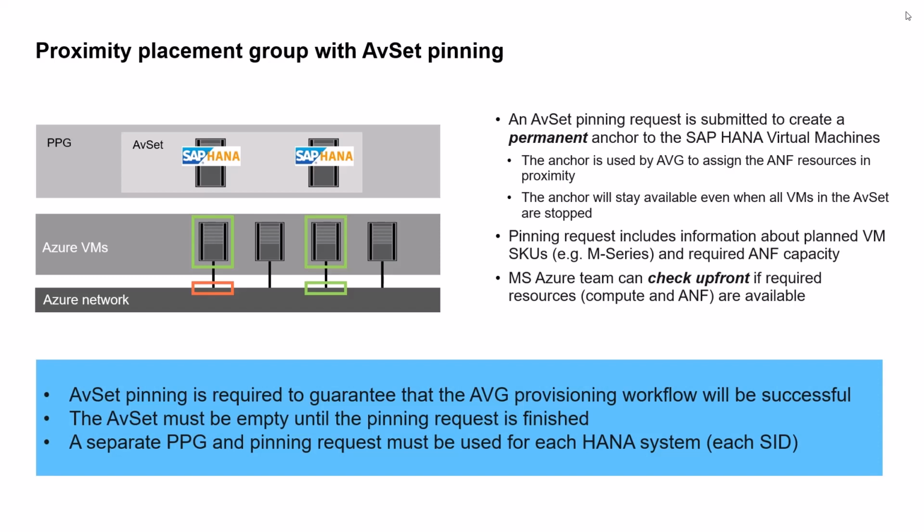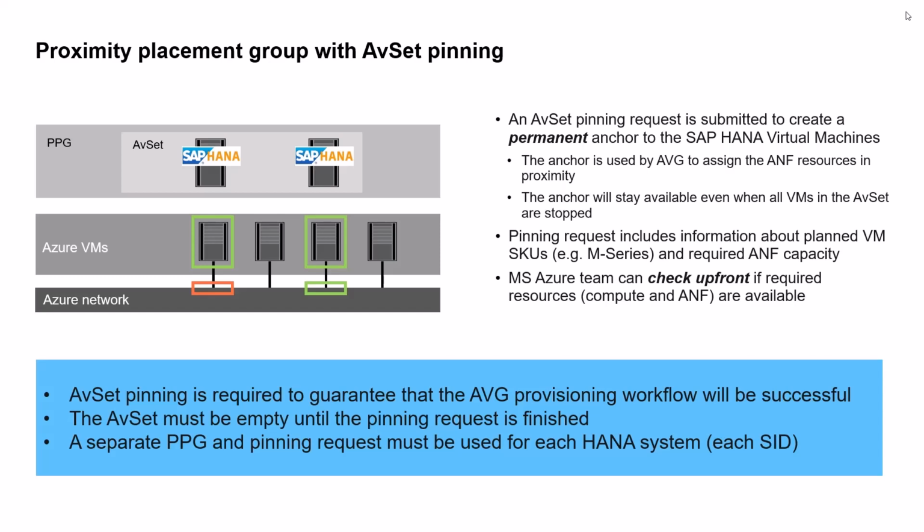The pinning request form also asks for information about Azure VM type and ANF capacity planned for the HANA system. Based on this information, the Microsoft Azure team is defining the compute cluster with the corresponding ANF hardware close by. When using the pinning request form, the Microsoft Azure team can check upfront if compute and ANF hardware is available, and it is therefore guaranteed that the AVG provisioning workflow will be successful.